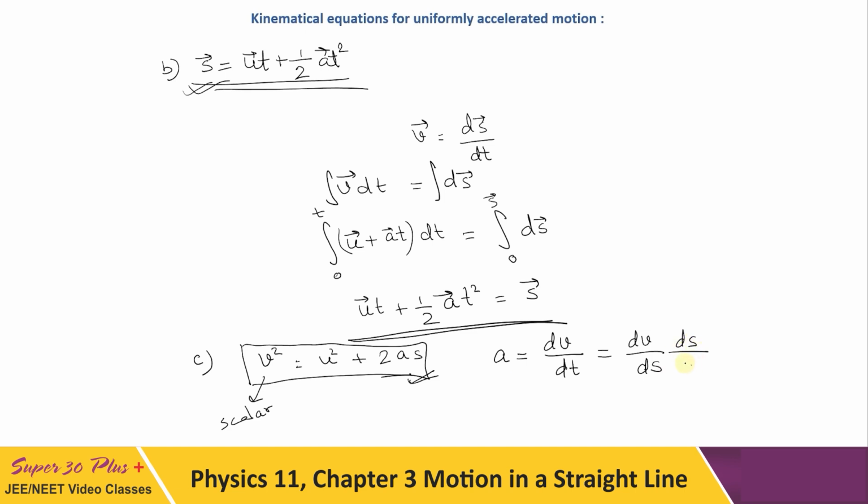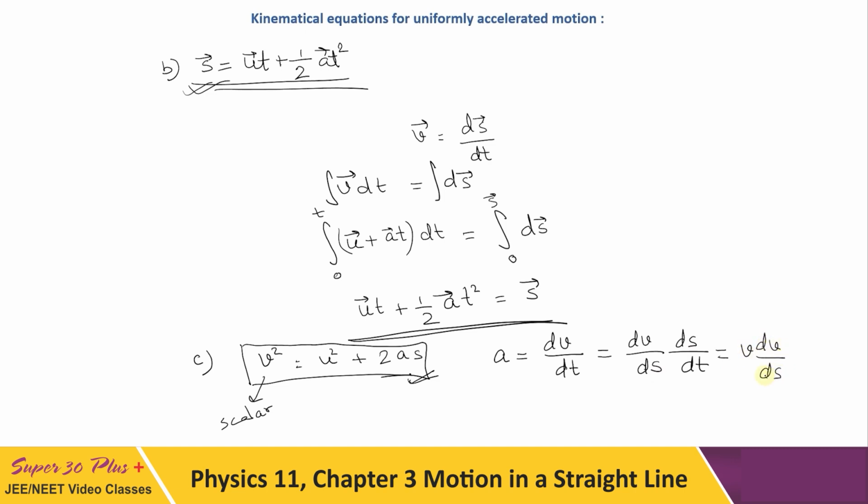Of course this can be, because if velocity is not a function of time, if it is a function of s, then it cannot be differentiated with respect to time. It can be differentiated with respect to s, and then one ds by dt has to be multiplied. So a can be written as dv by ds into ds by dt. Now what is ds by dt? It is v itself.